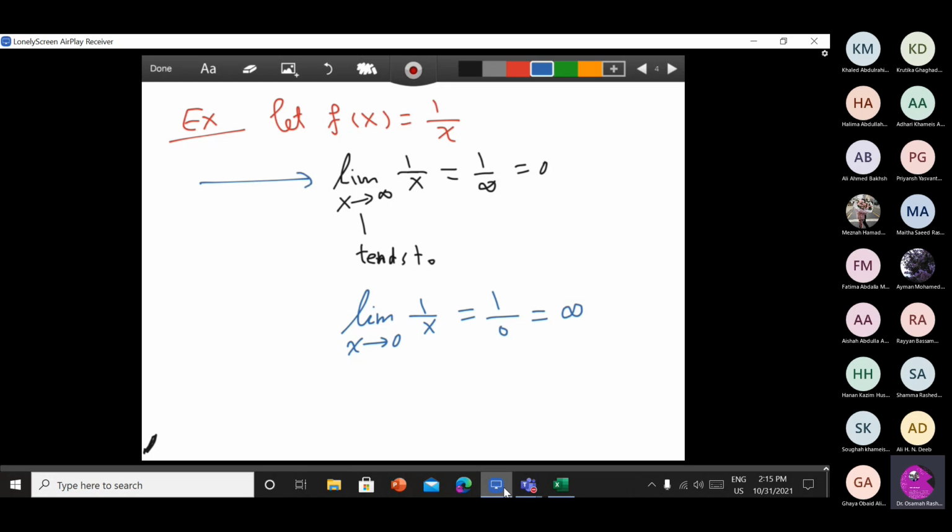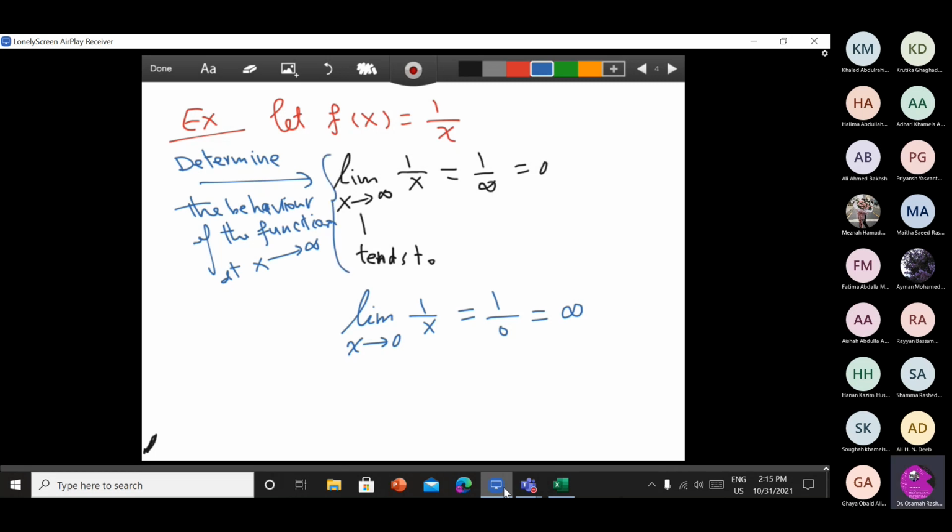The point of a limit is to determine the behavior of the function at x tends to infinity.